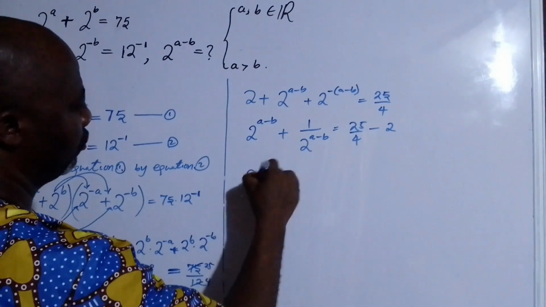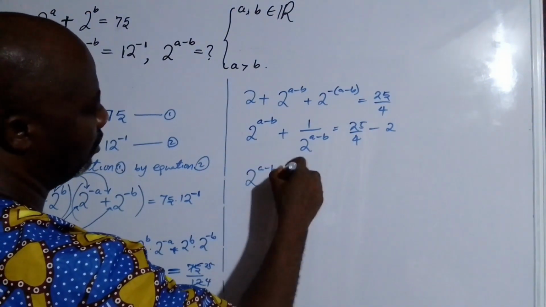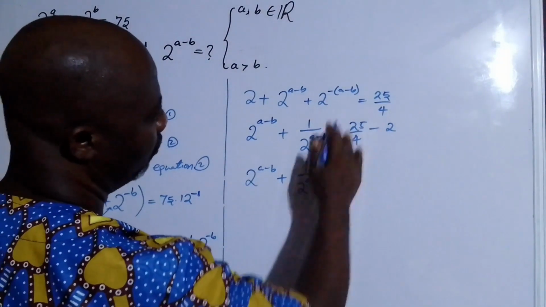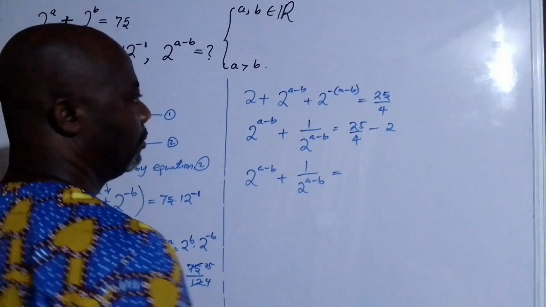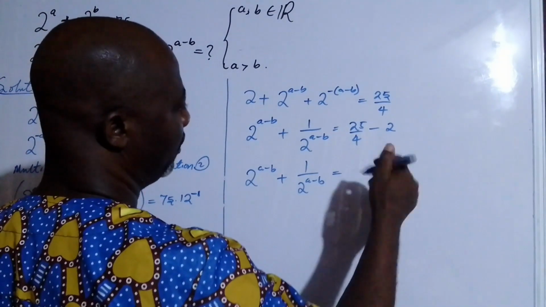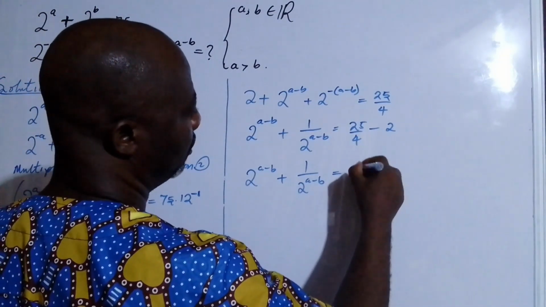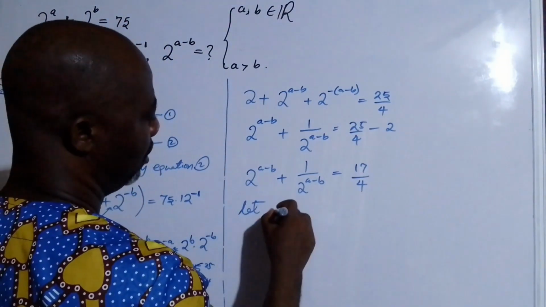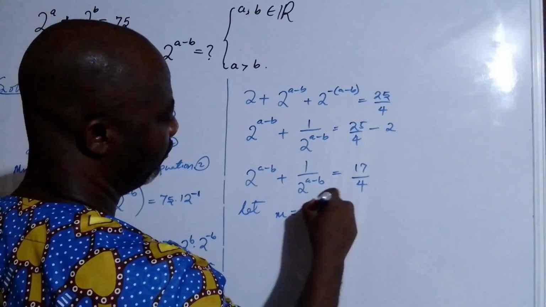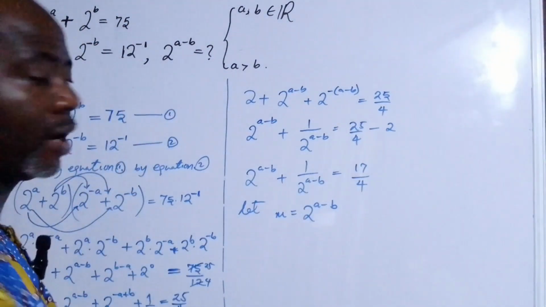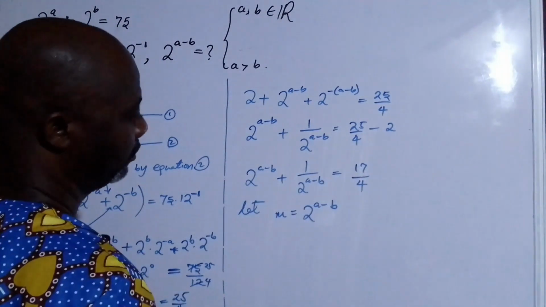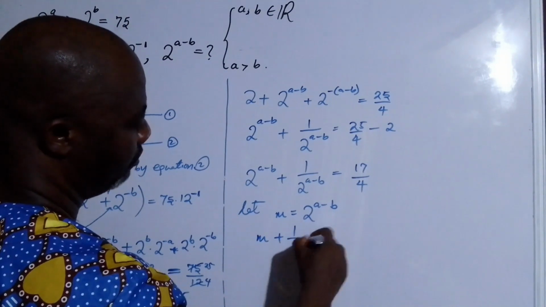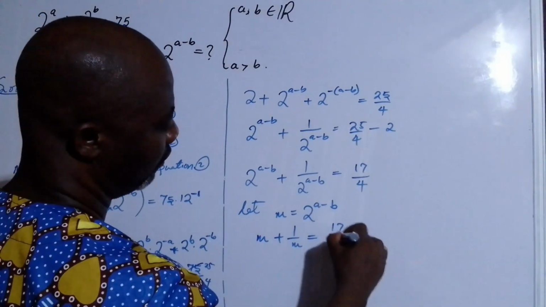Once I simplify this, I'm going to get 17 over 4. So let m equal 2^(a-b). This whole equation now simplifies to m plus 1 over m equal to 17 over 4.